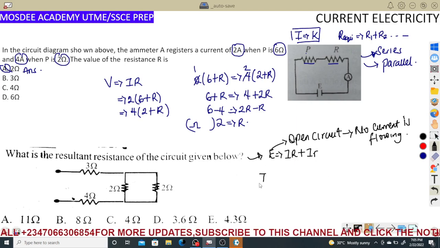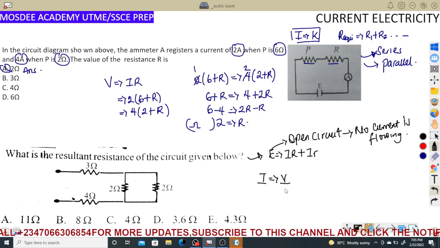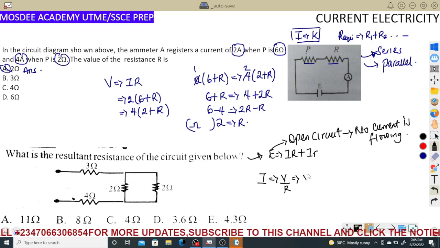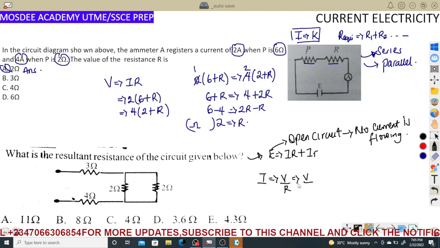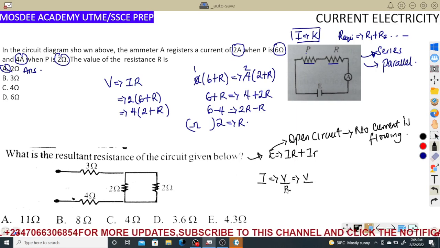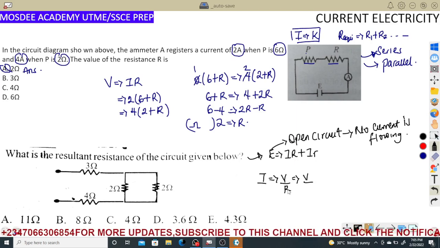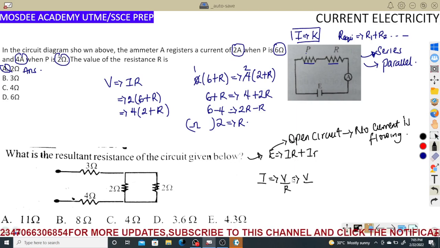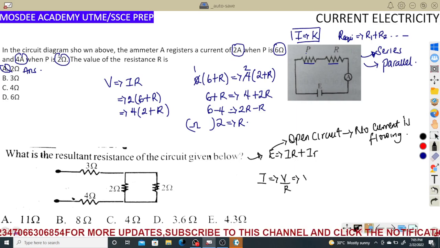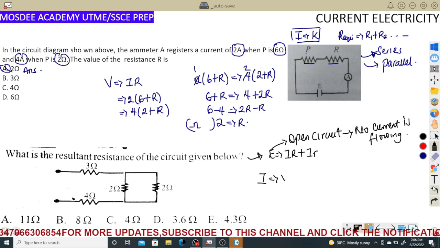Remember Ohm's law, current equals V over R. So when current is not flowing, that means the resistance of this particular thing is infinite.